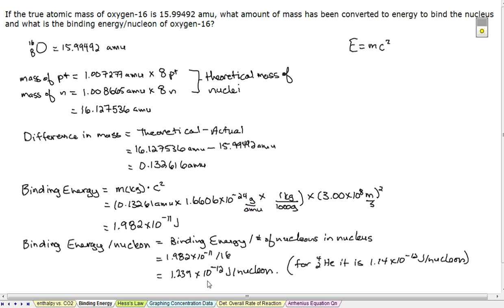What you'll notice is that these numbers will continue to rise until we hit iron, and iron has the highest binding energy per nucleon.